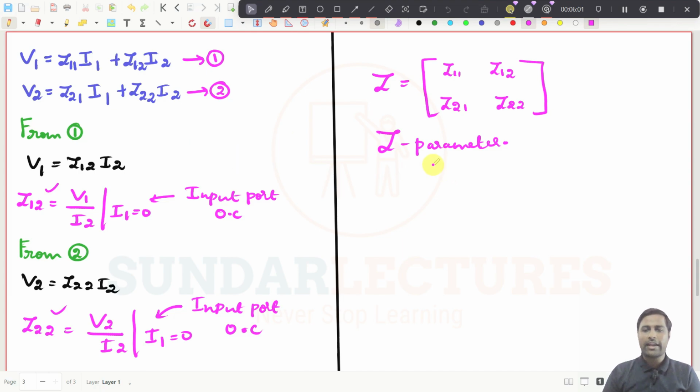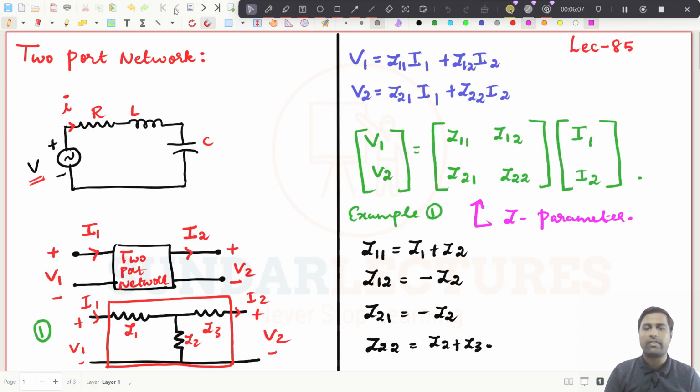Now one can tell me that you can always write the expression in terms of current. What we have done in the first case is write the voltage expression with respect to current. Now one can tell me, just write the current expression with respect to voltage. That is also possible, right?